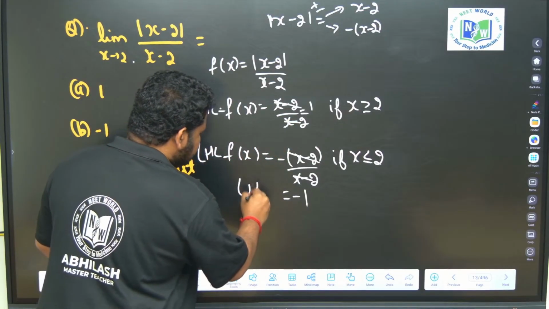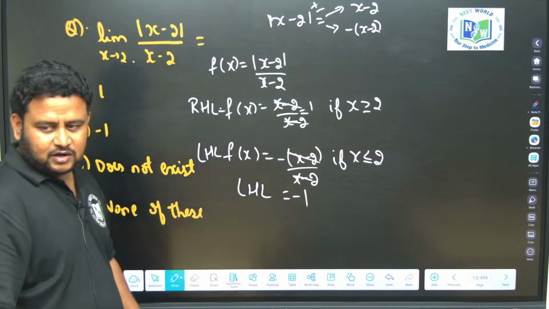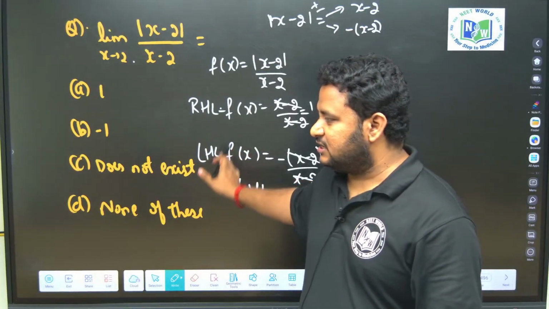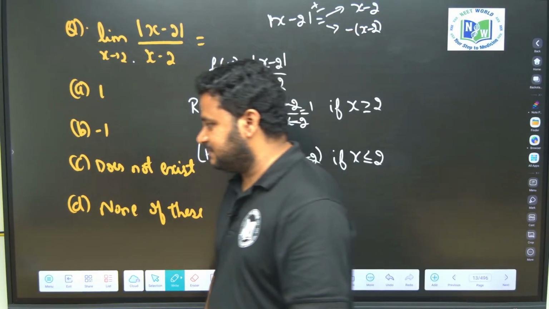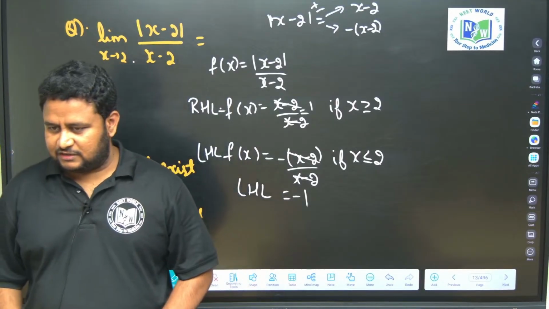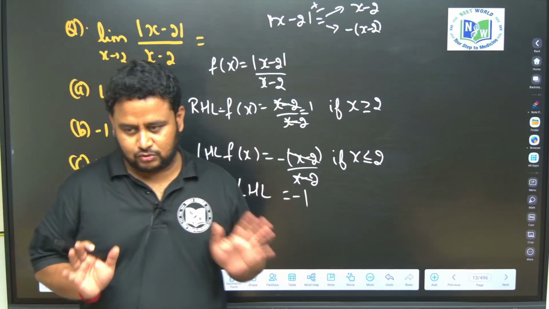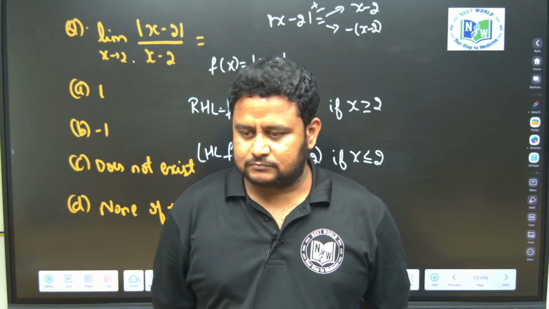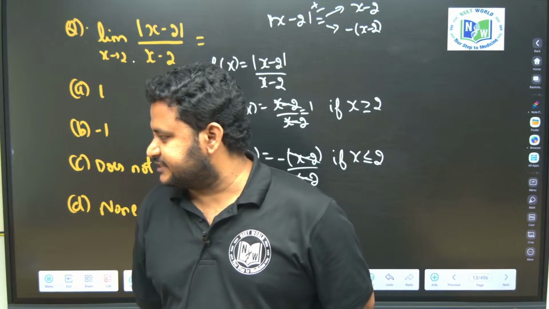LHL I got as minus 1. Now observe this carefully and tell me whether RHL is equal to LHL. Nishant, you should also tell me if you are watching. Is it yes or no? If it is equal, say yes. If it is not equal, say no. Is LHL equal to RHL?